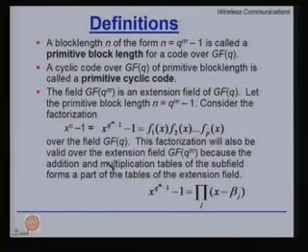This factorization will also be valid over the extension field that we have just generated, GF(q raised to the power m), because the addition and multiplication tables of the subfield form a part of the tables of the extension field. So, this is an important observation about the subfield tables. If you talk about the subfield as GF(2) and the extension field as GF(8), then you will see that the addition and multiplication tables for GF(8) contain within themselves the addition and multiplication tables of GF(2).